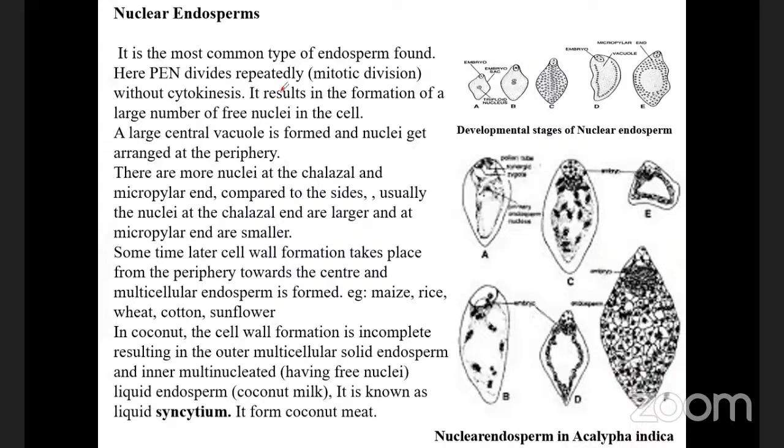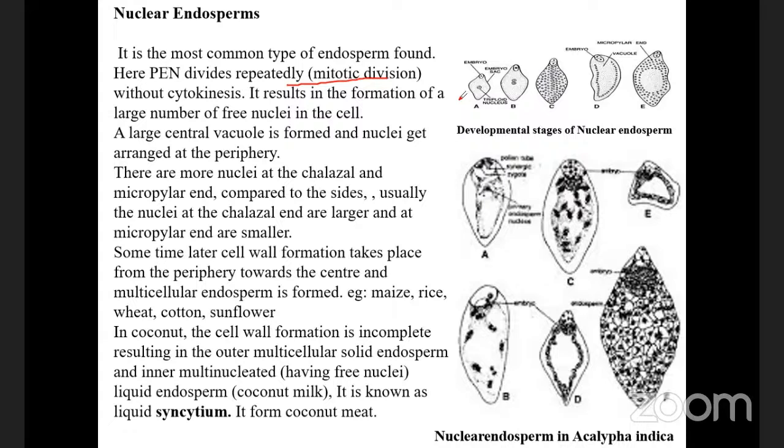You see here, whenever the primary endosperm nucleus forms, it takes mitotic division, so it divides into a multiple number of nuclei.